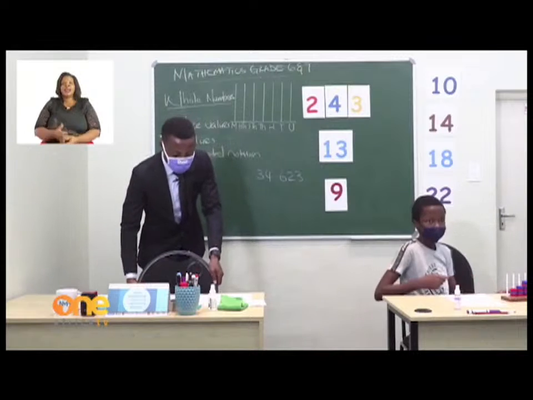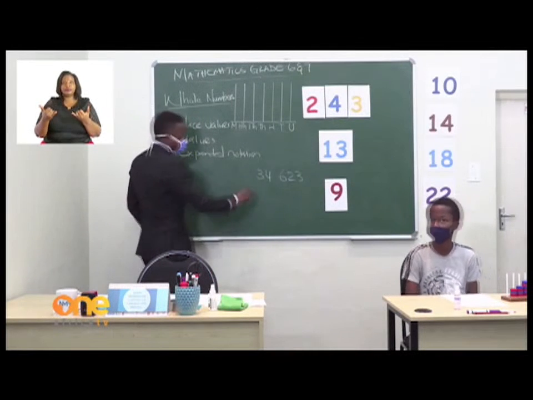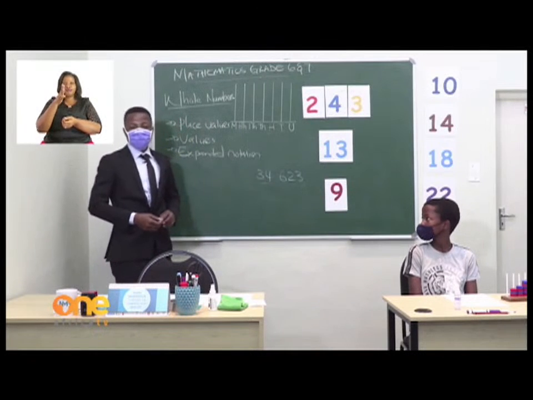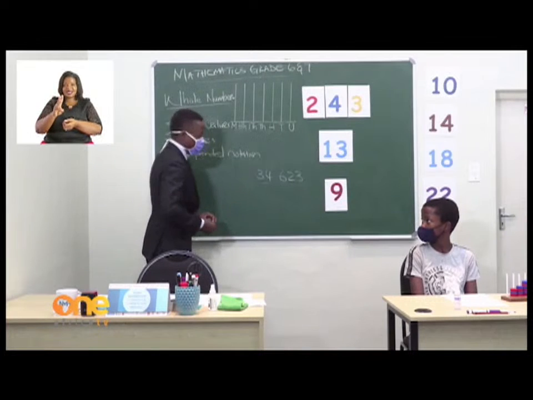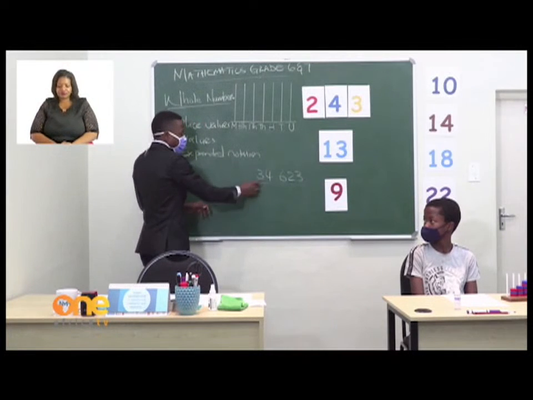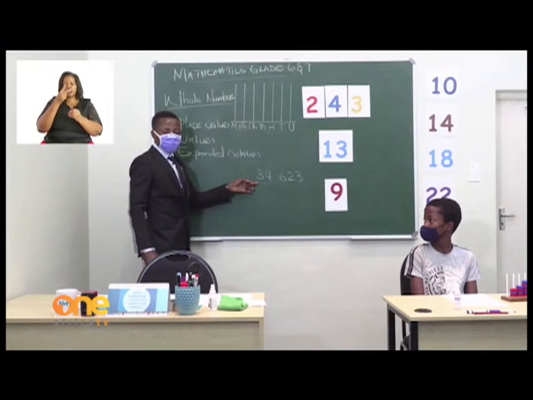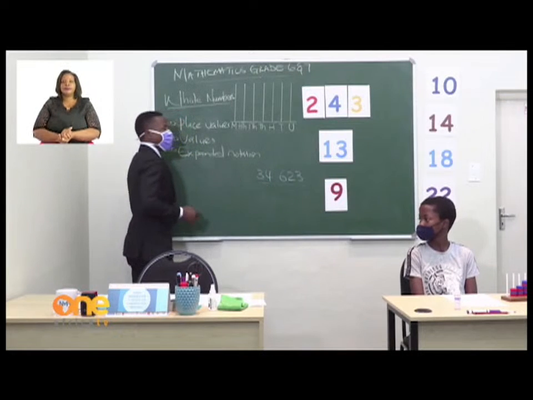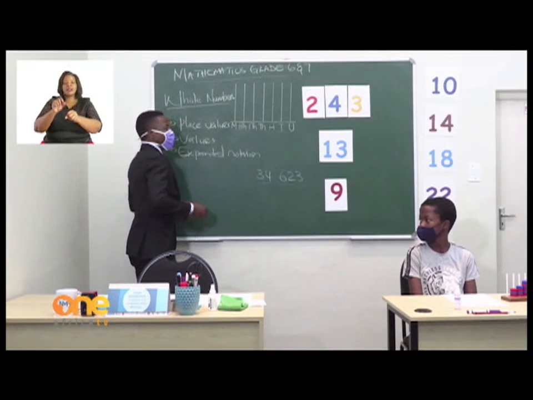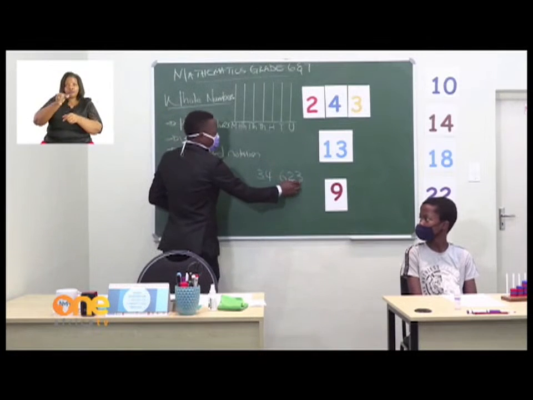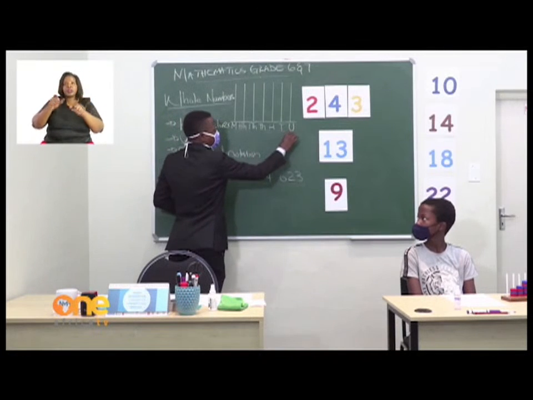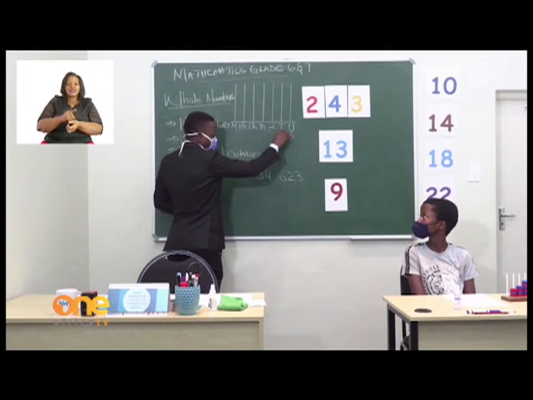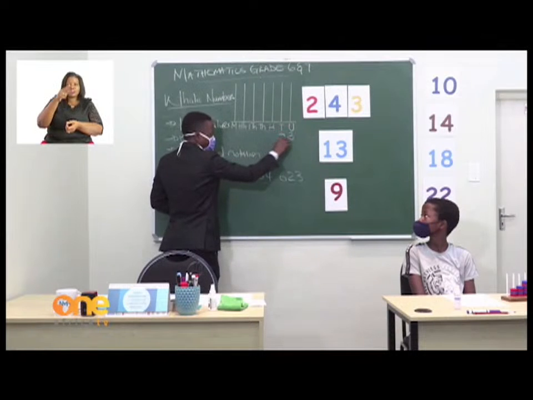Coming to the chalkboard, the number you can see here is 34,623. This is the number which appeared on that abacus we just showed. If we are to put this number on a drawn abacus, remember you can write it this way: you always start with the unit, which is a 3. You go to the tens, which is a 2.